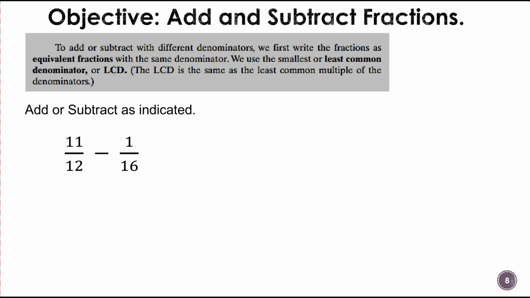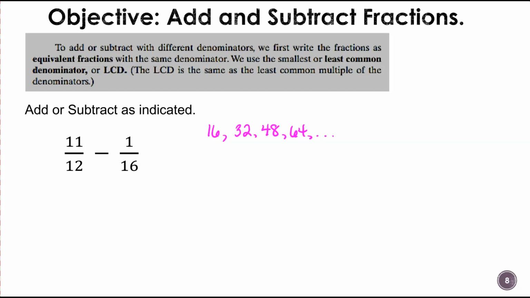What you can do is take the larger denominator, which is 16, and write it as multiples: 16 times 1, 16 times 2, 16 times 3, 16 times 4, and so on. As you go, you're checking to see, will 12 divide into this?